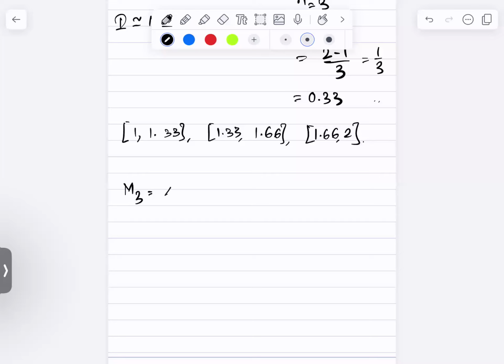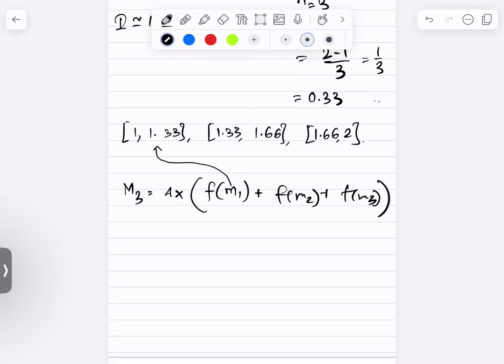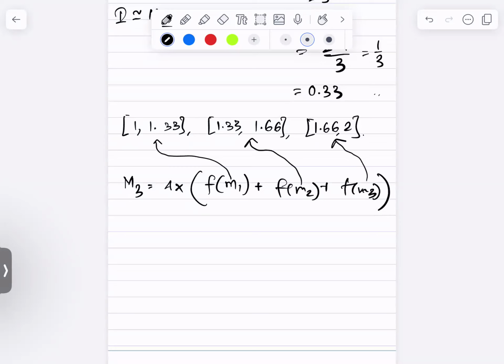So if I put the formula for M3, it should be delta x times f of m1 plus f of m2 plus f of m3, where m1 is the middle point of the first subinterval, m2 is the same for the second interval, and m3 is for the third. What is m1? M1 is basically 1 plus 1.33 over 2, right?